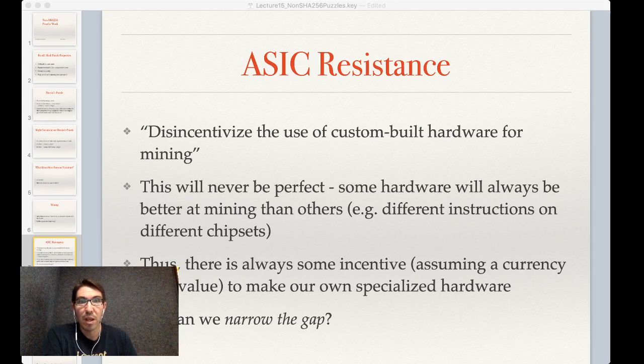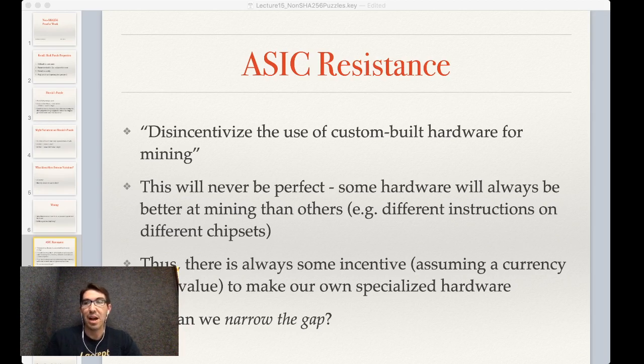exactly equal, and even hardware that might be of the same time period and same general structure may have slight differences in the system that might make it easier to actually program a particular algorithm, right? To write a program to do a particular algorithm.